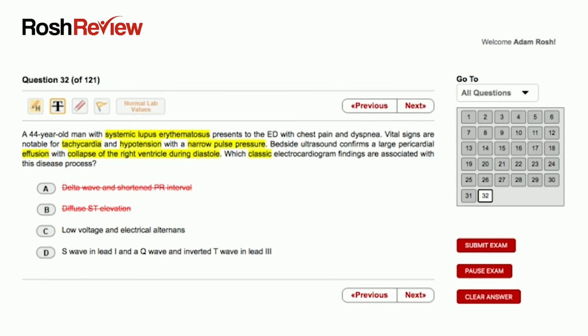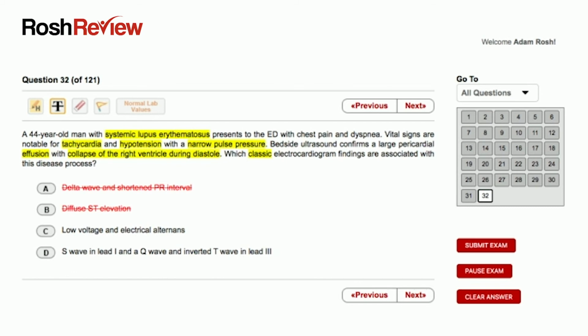Answer choice D, S wave in lead 1 and a Q wave and inverted T wave in lead 3. So this is the classic S1, Q3, T3 pattern, which is associated with right heart strain. You may see this in conditions such as pulmonary embolism or anything with right-sided heart strain. Tamponade pericardial effusion may cause something like this. You may see this.